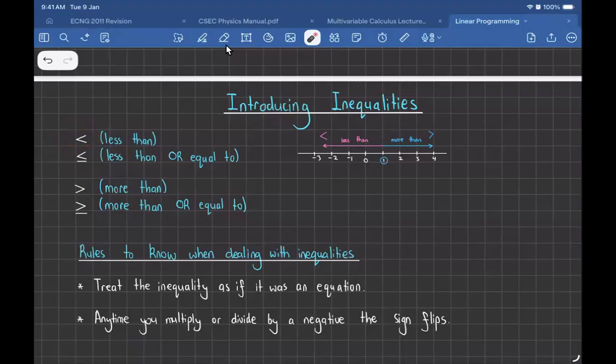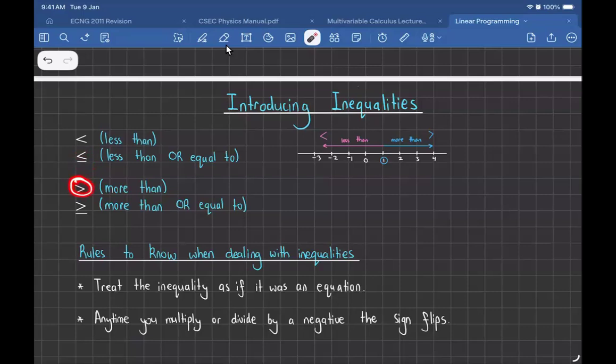And read this sign for me. Less than or equal to. And we know our equal sign would look like this. Look at this: the same less than sign, but notice it has something underneath. You see how that looks kind of like an equal sign? Yeah, that's what we call less than or equal to.